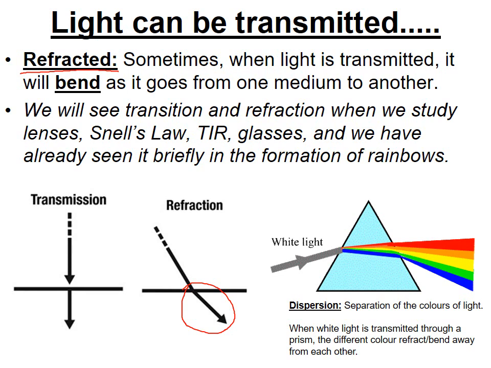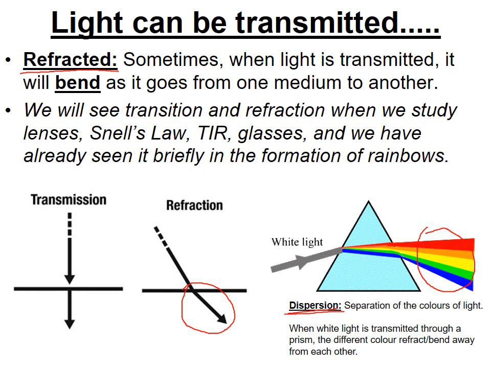goes through raindrops. The different colors of white light will actually transmit through the raindrops, and as they go through the raindrops, they'll bend, and since they bend away from each other, the colors of light separate, and we can actually see the rainbow. This concept of separating the colors of light using refraction is called dispersion.